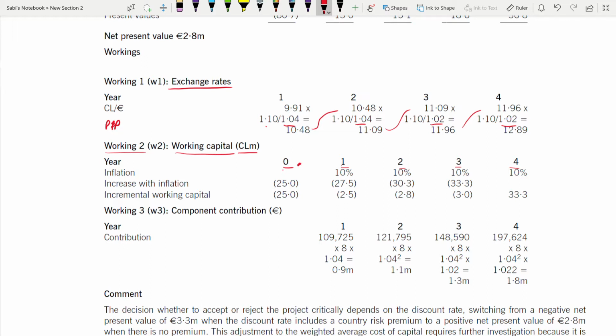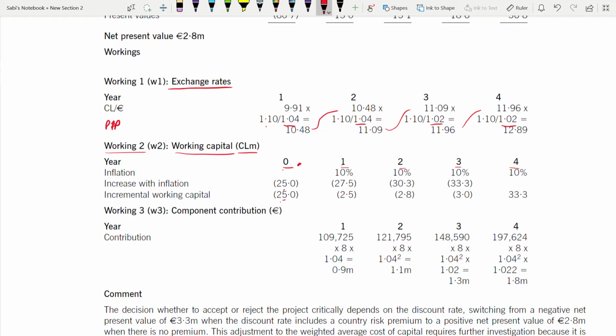Because inflation changes annually. So increase with inflation. What is the working capital initially? It is 25. It will be in brackets. Put it in brackets, please. Initial investment working capital has to be in brackets. Whatever is your incremental working capital, that is what increases with inflation, 25 only.